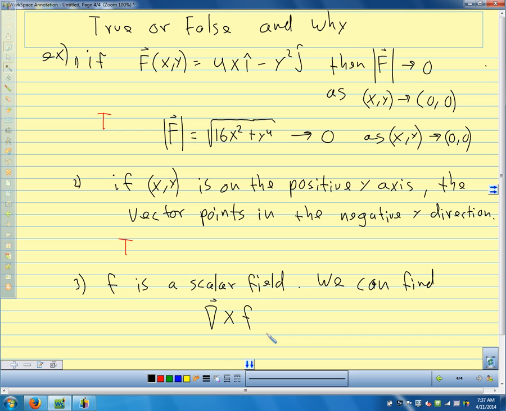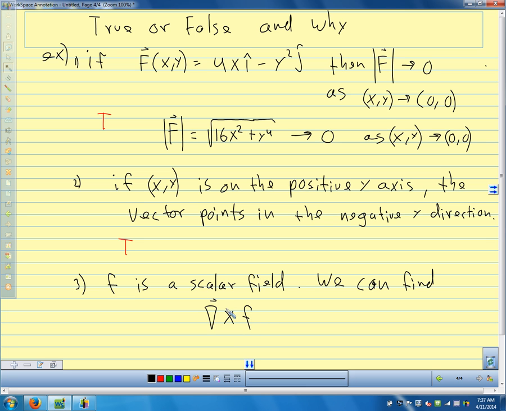We can find del cross F. True or false? We can't perform this operation with a scalar.